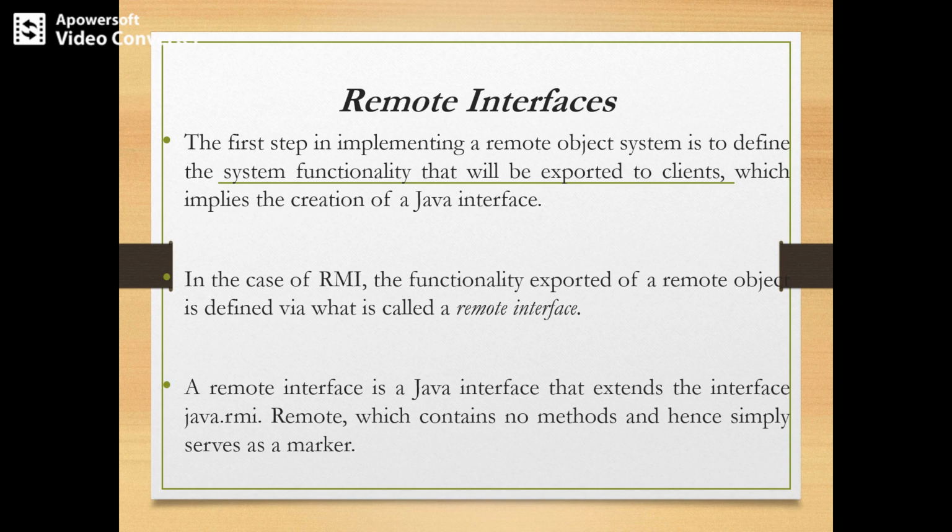So Java RMI encapsulates such a failure in the form of an object type, java.rmi.RemoteException. As a result, all remote methods must be declared to throw this exception.